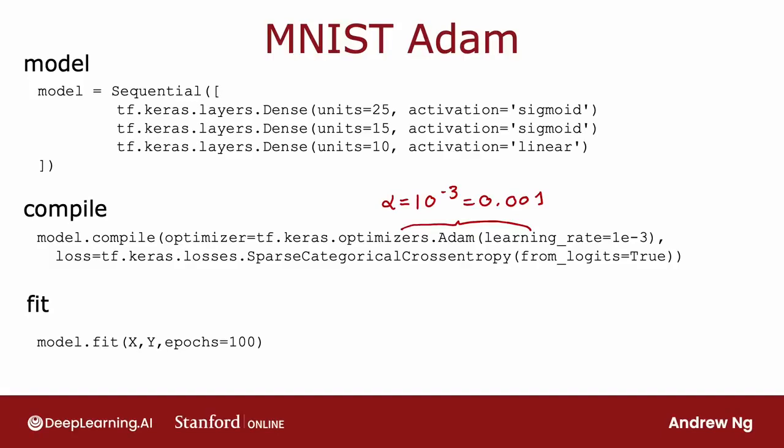Compared to the original gradient descent algorithm that you had learned in the previous course though, the Adam algorithm, because it can adapt the learning rate a bit automatically, is more robust to the exact choice of learning rate that you pick. Though it is still worth tuning this parameter a little bit to see if you can get somewhat faster learning. So that's it for the Adam optimization algorithm.